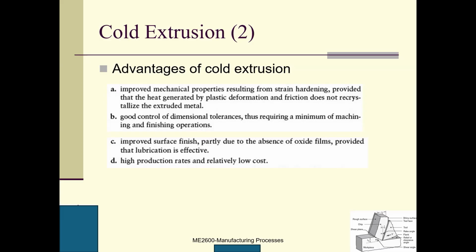The last one is high production rates and relatively low cost, because you don't need a hot oven to elevate the temperature. So usually we have high production rates and the cost is low. This is not always, but most of the time.